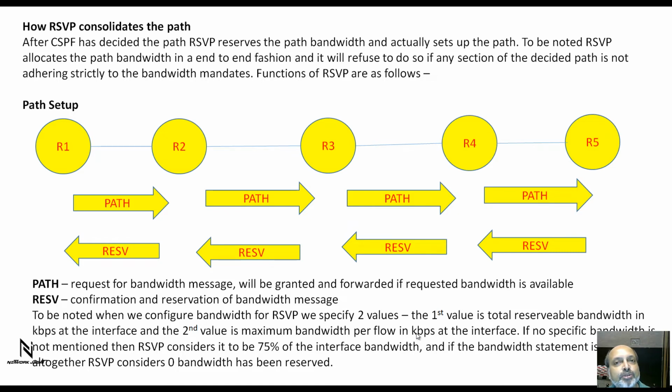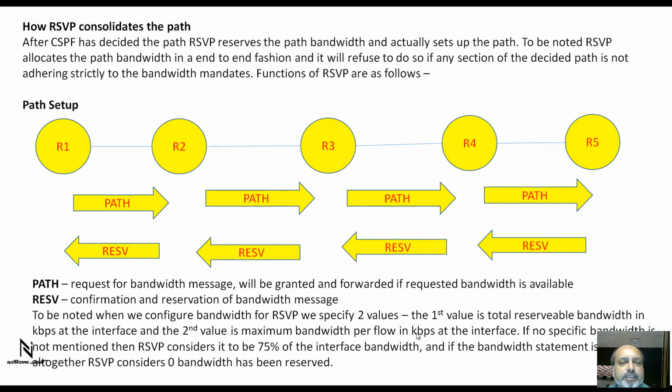So these two values: one is the total reserved bandwidth of the interface, that is entirely dedicated for the MPLS TE path, and the second is the maximum bandwidth that a single piece of data can use from that reserved bandwidth. Understood?